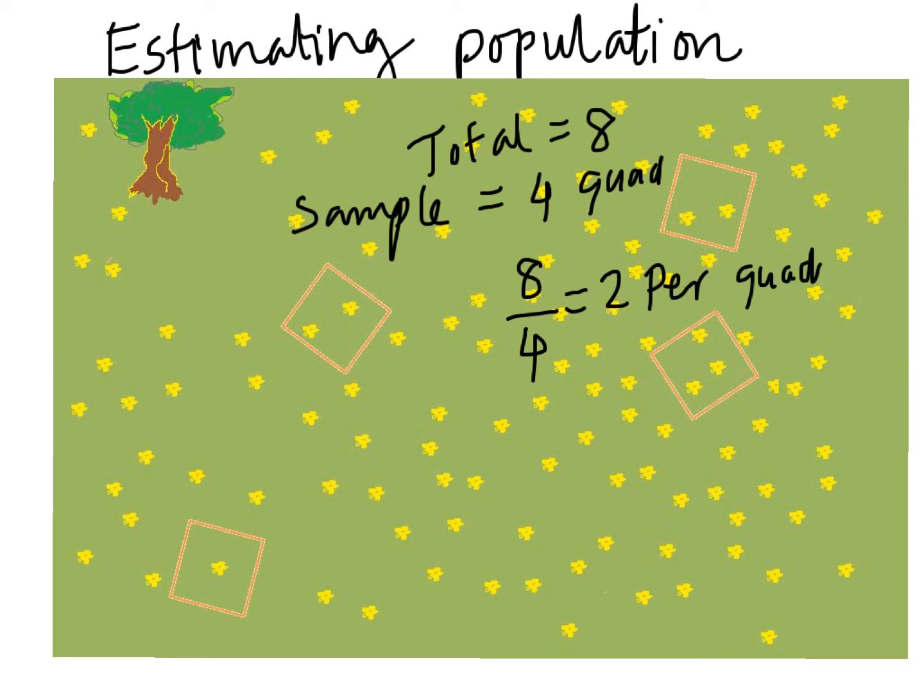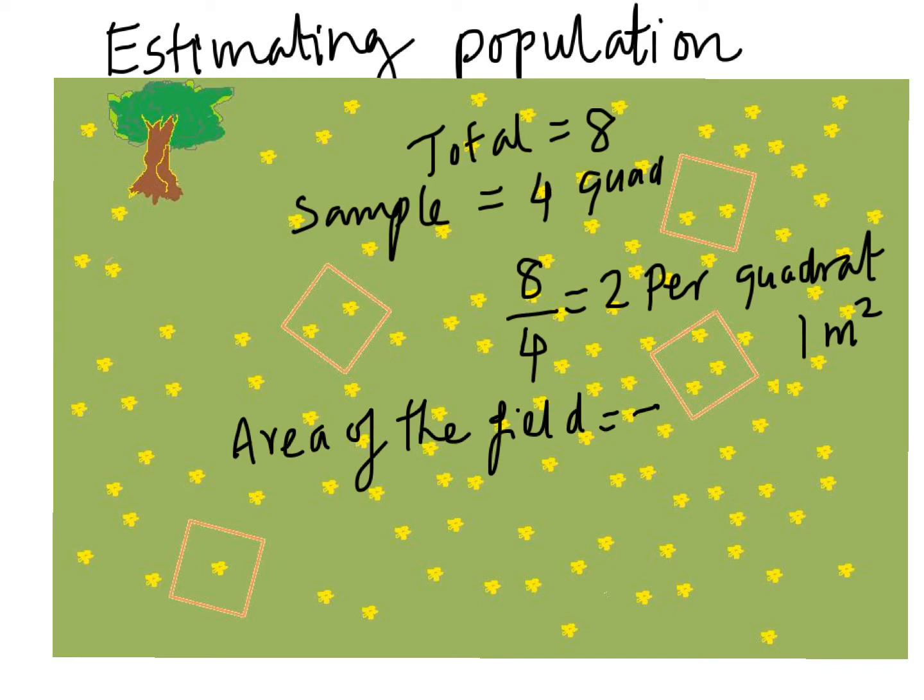Now, this quadrat is 1 square meter. So the area of 1 quadrat is 1 square meter. Now, if you know the area of this field, then we should be able to estimate the population. Let's say the area of this field is 70 square meters.